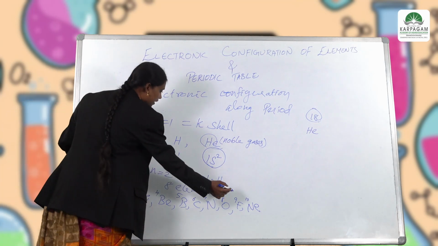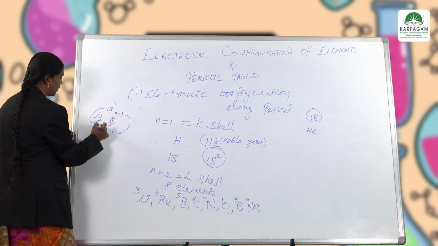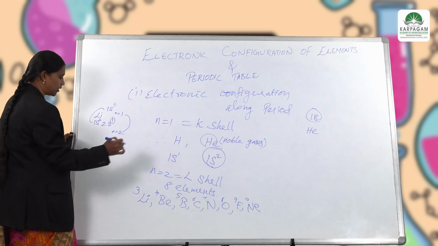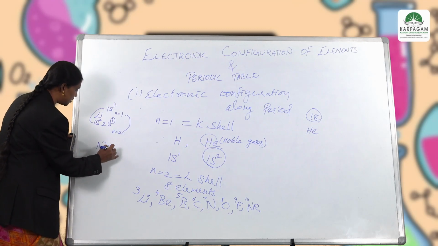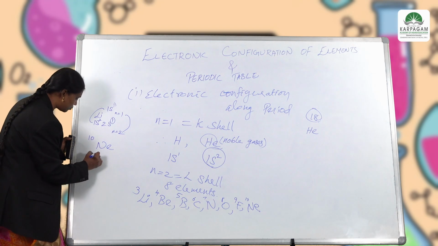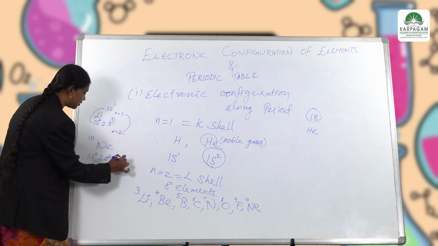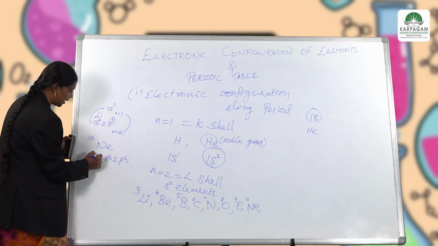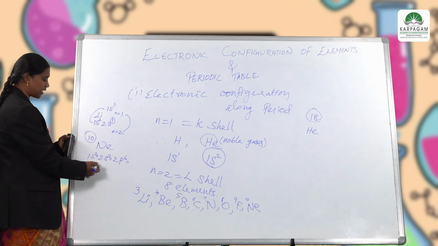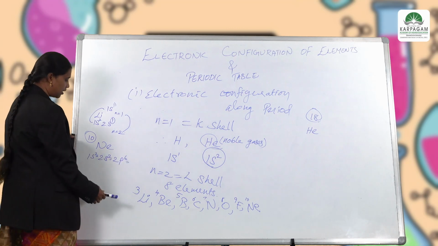Lithium is the first element, so it is filled with 1s2 and 2s1 configuration, and for neon the atomic number is 10. So the electron filling is 1s2, 2s2 up to 2p6. Here a total of 10 electrons is there, so the 10 electrons fill like this: 1s2, 2s2 and 2p6.